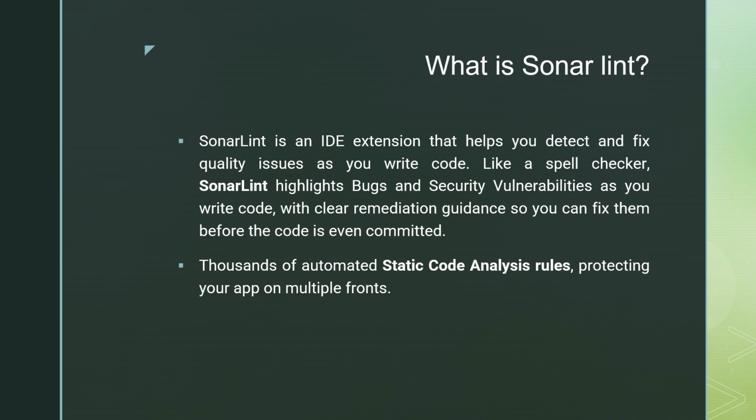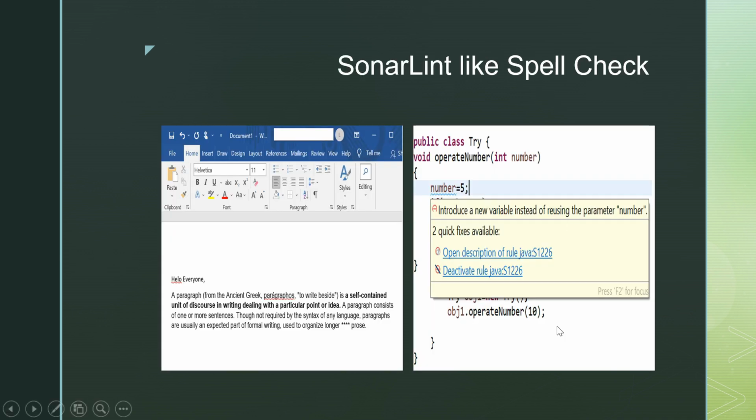And wherever you have made any kind of mistake, SonarLint gives you this kind of message, or a blue underline is the symbol which SonarLint uses to tell you that here is an issue. You can just check it and you can fix that issue.